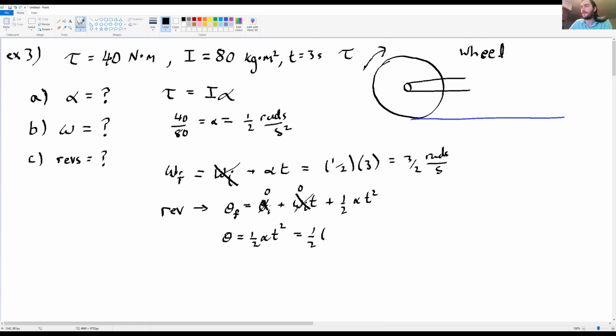So 1/2 times 1/2 times 3 squared, that's 9 over 4 radians. We want to convert this to revolutions, so divide it by 2 pi.